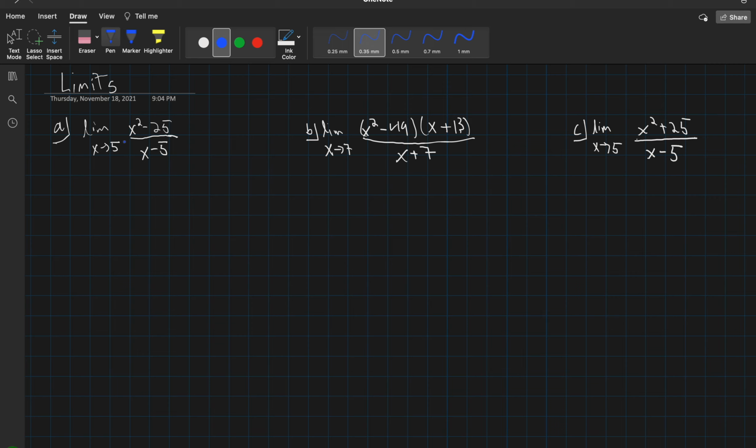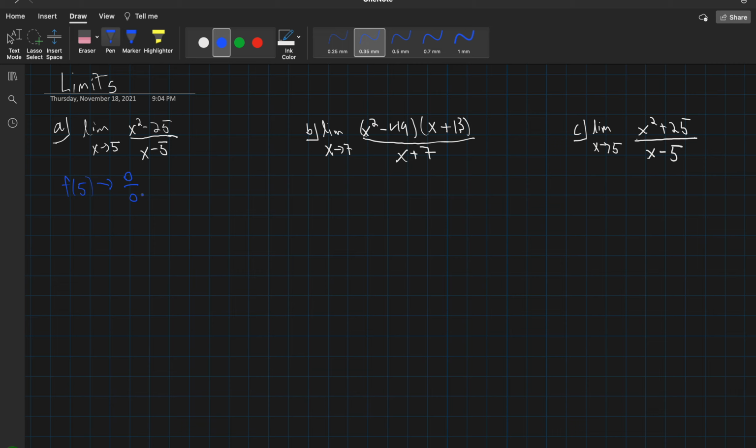So first thing I would at least try would be to plug in this value for the function. So when I plug in 25 minus 25 over 5 minus 5, we end up getting 0 over 0. So let's say f of 5 leads to 0 over 0.